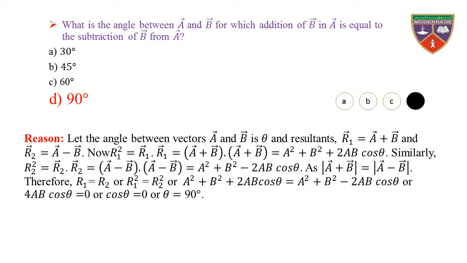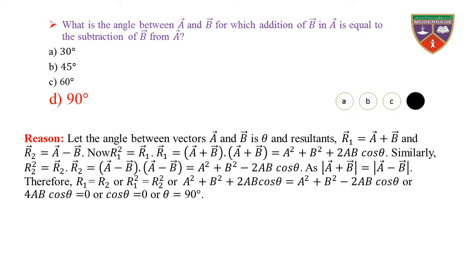As the magnitude of vector A plus B is equal to the magnitude of vector A minus B, therefore R1 is equal to R2, or R1 square is equal to R2 square. A square plus B square plus 2AB cos theta is equal to A square plus B square minus 2AB cos theta.